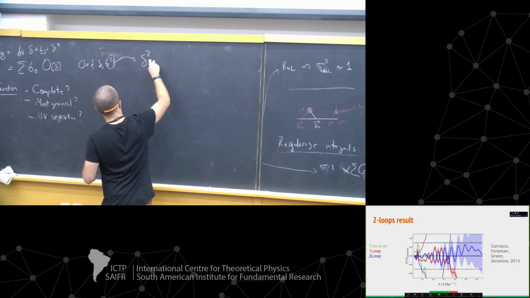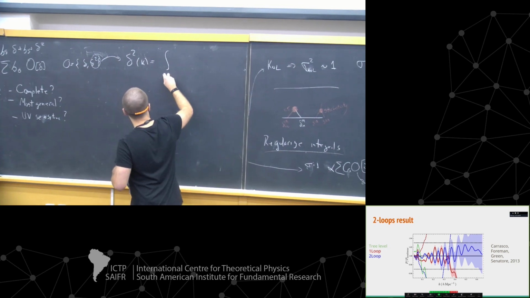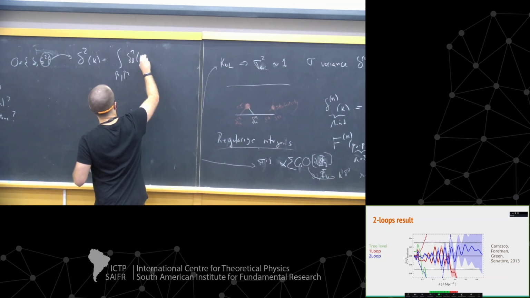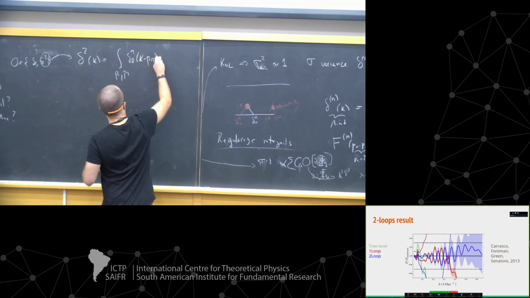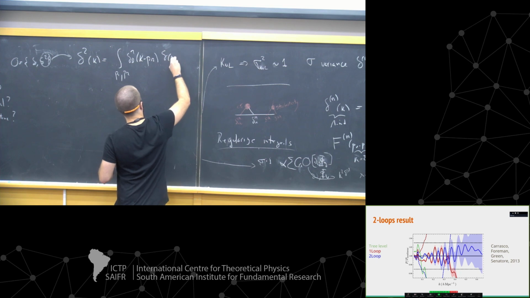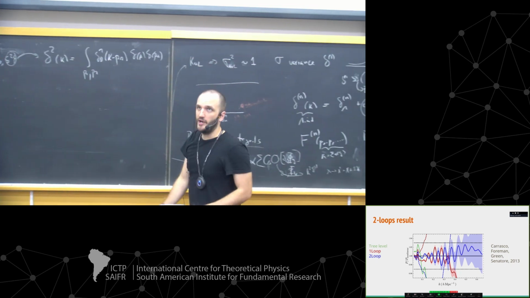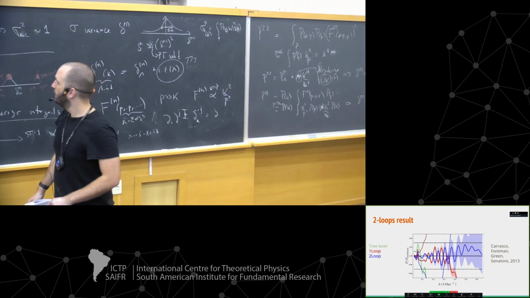delta square of k in Fourier space, it's just equal to this expression. It's just a convolution again.